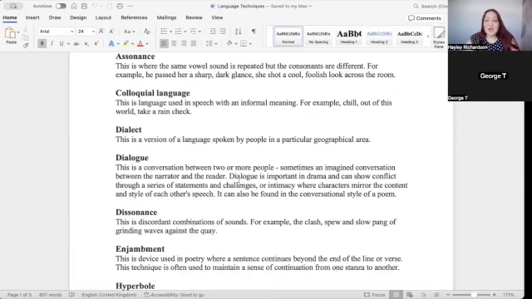Colloquial language. I did talk about this in, I think it was lesson 2 or 3, I can't remember. It's basically chatty, relaxed, doesn't have to be in full sentences, but you would not use colloquial language in a letter to the government or to an employer or an employee even.